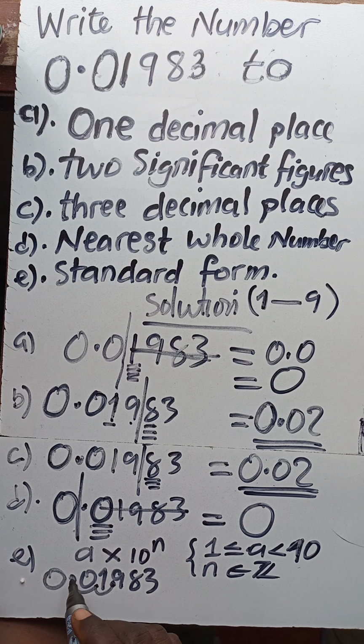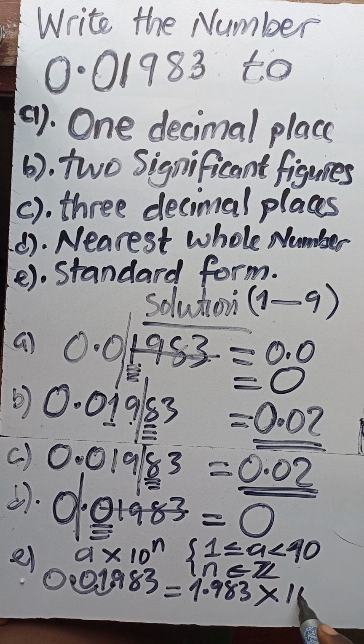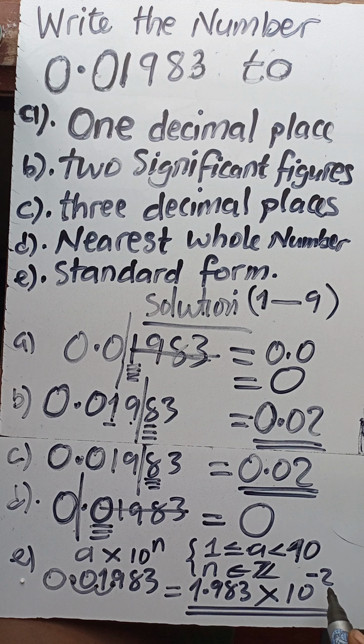So we'll move the decimal point 2 places to the right to obtain 1.983. And since we have gone 2 places to the right, the power of 10 is negative. And so this number in standard form will be 1.983 multiplied by 10 to the power negative 2.